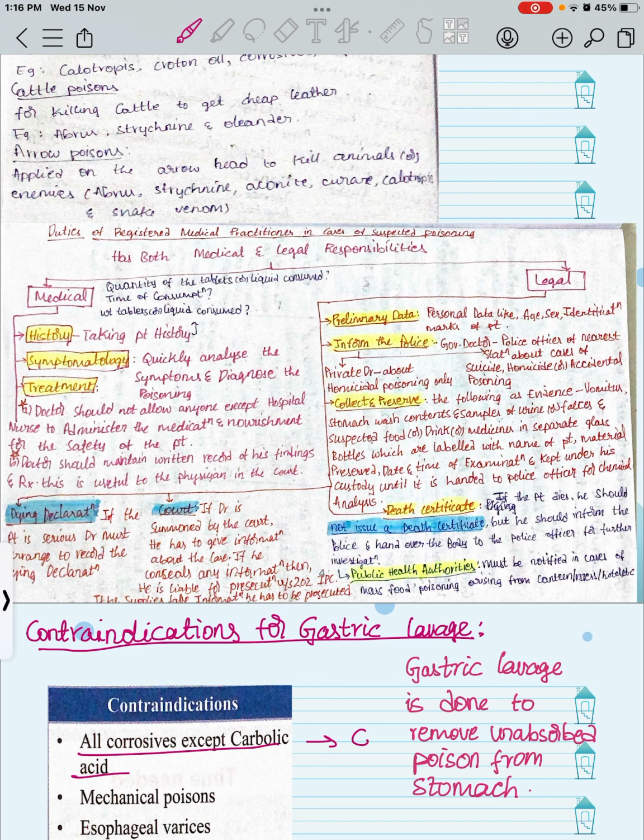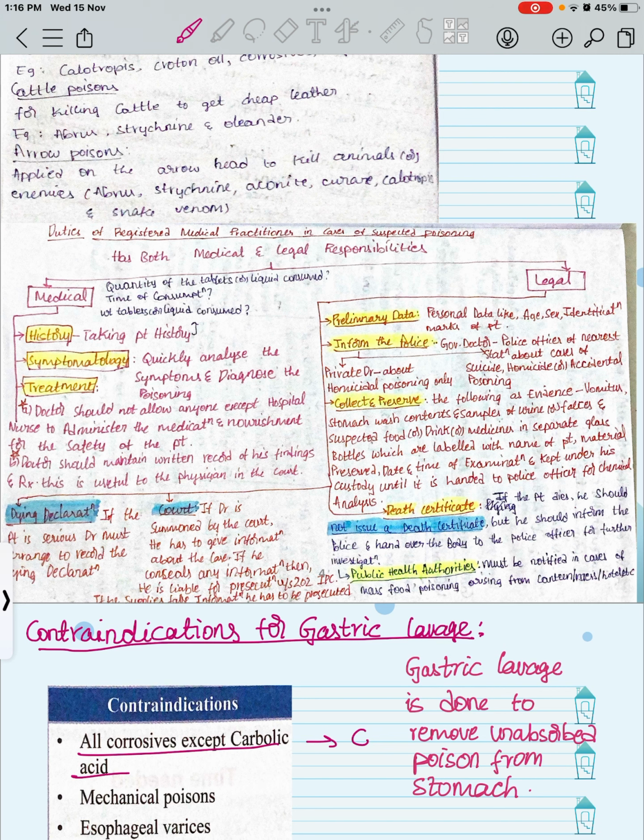Legal responsibility of the doctor in suspected cases of poisoning. Preliminary data: personal data like age, sex, identification marks of the patient should be written, and he or she, the doctor, should inform the police.